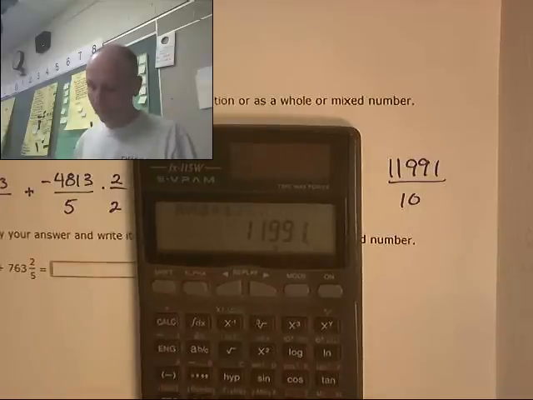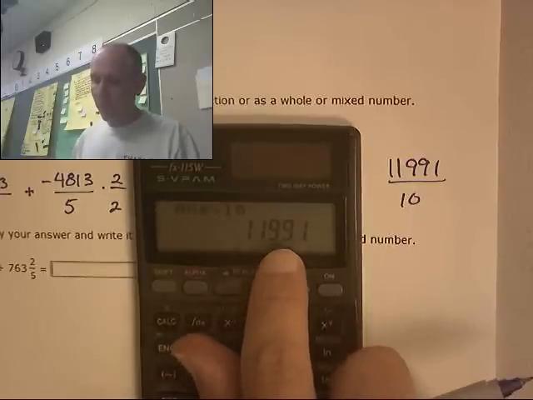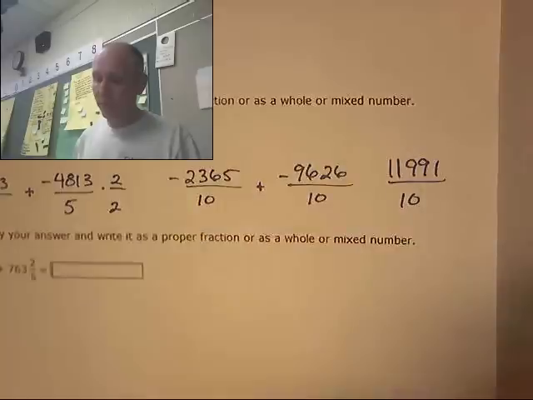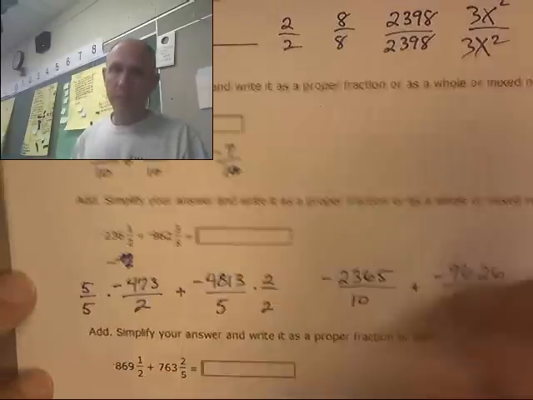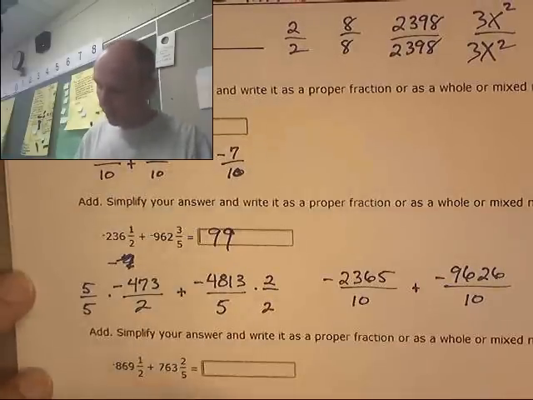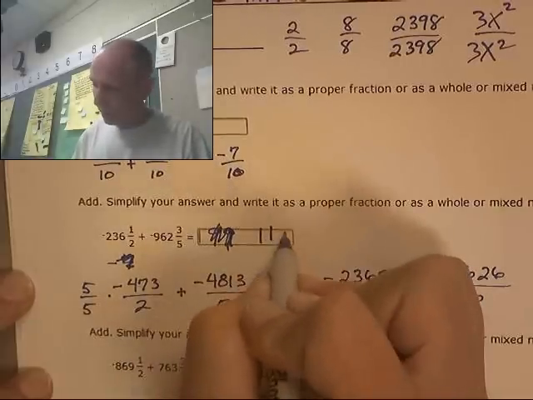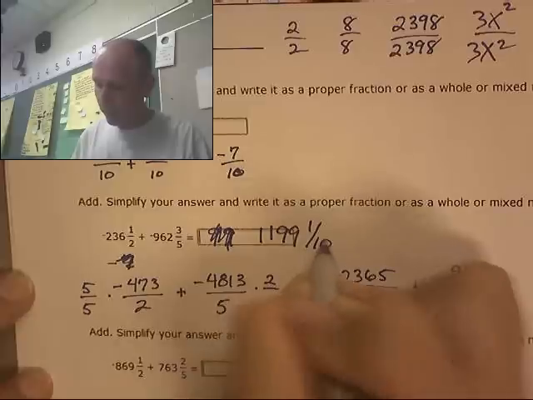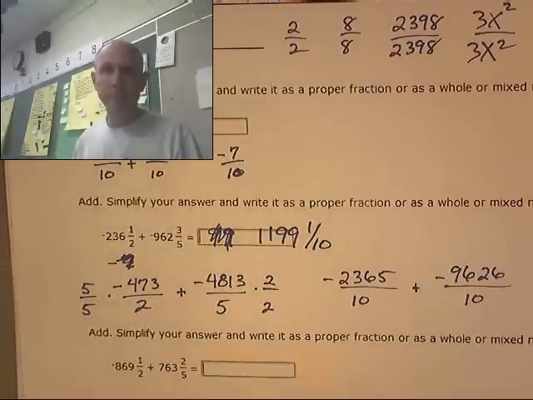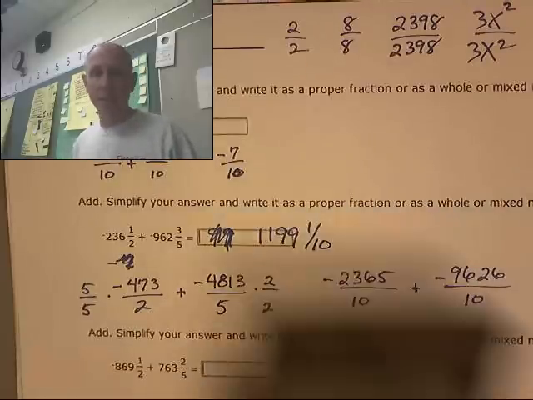Divided by 10, it's 1,199 and 1/10. I know, this turned into a mess. This is why you work in pencil. I work in pen so you can see it on the video, and then it turns into a mess.